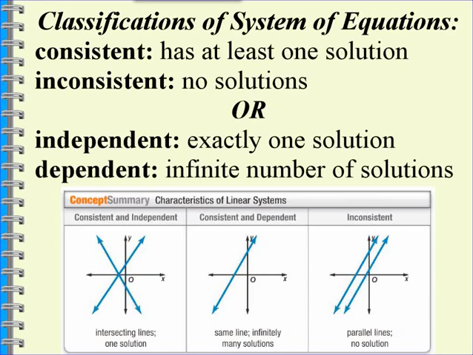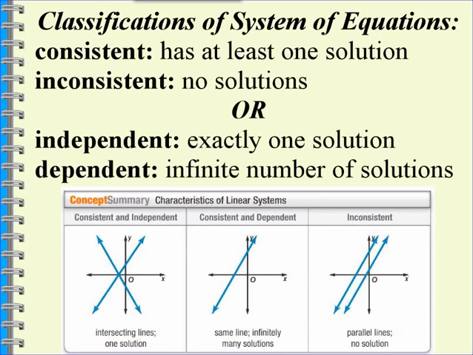The last thing I want you to do is get down what this is. Basically, what you need to do is make sure you get down these pictures, because these are the important things. A system that is consistent has at least one solution. So basically, a system that is consistent, you will be able to solve the equation.